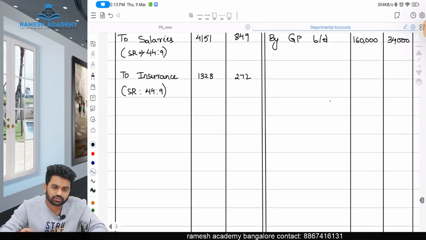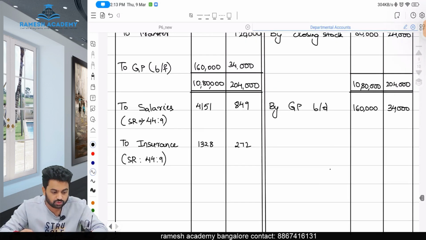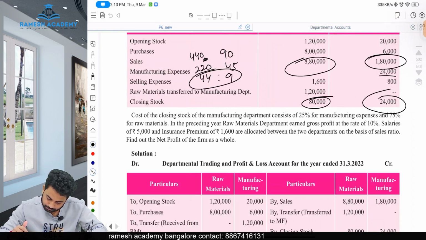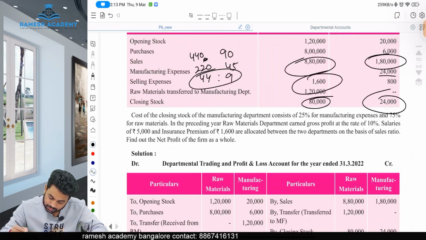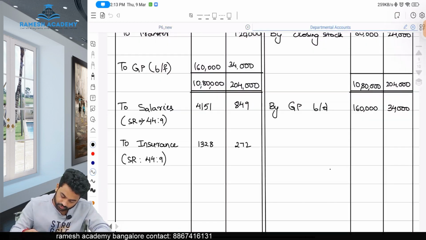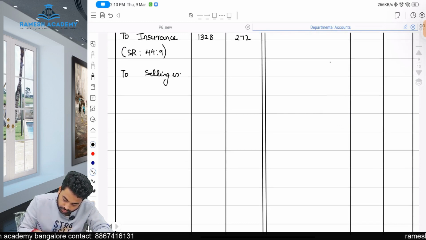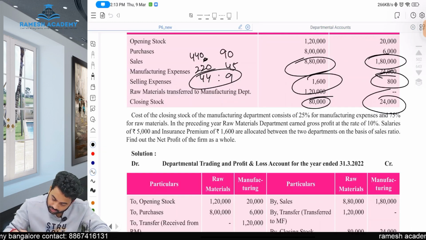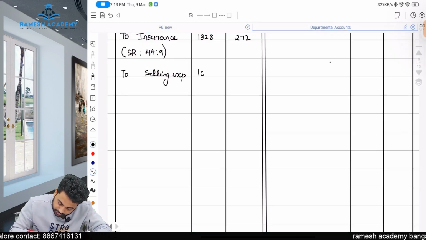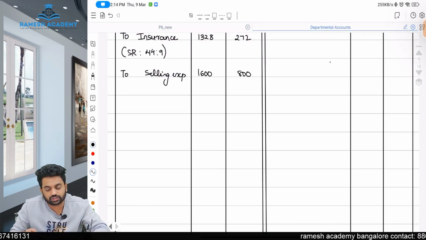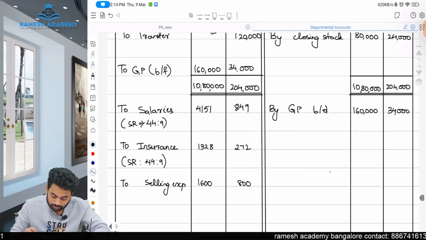However, here we are not going to eliminate it. Here we are going to transfer this. There is a selling expense of 1600 and 800. We forgot that. To selling expense 1600 and 800. This profit we are going to transfer into the general P&L account.